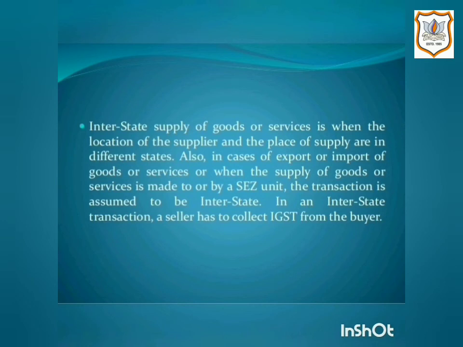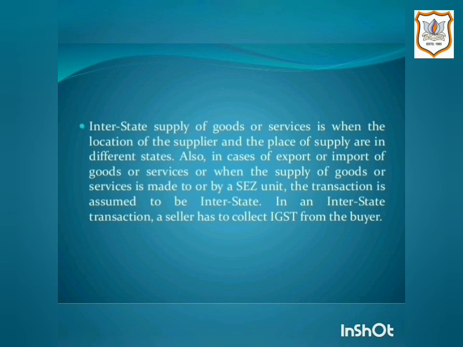Interstate supply means if the transaction is taking place between two different states is called interstate supply. Here buyer and seller belong to different states. So for interstate transaction, the buyer has to pay IGST, that is Integrated Goods and Service Tax. So this particular GST is applicable for interstate transaction.